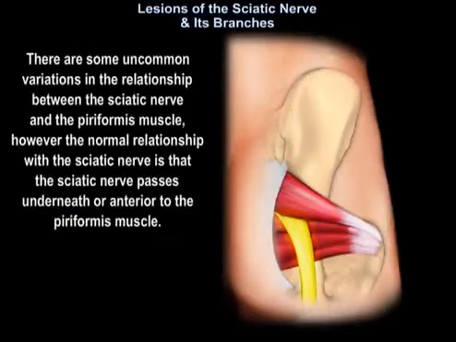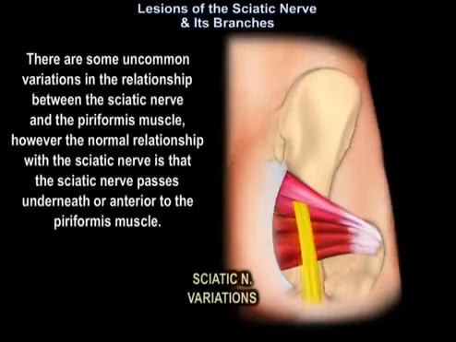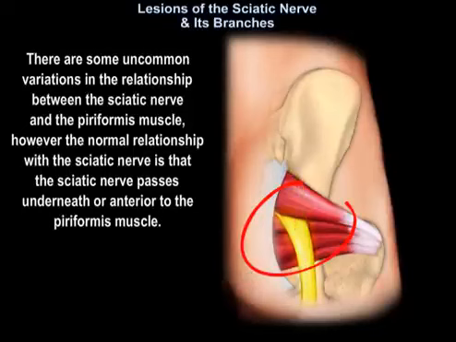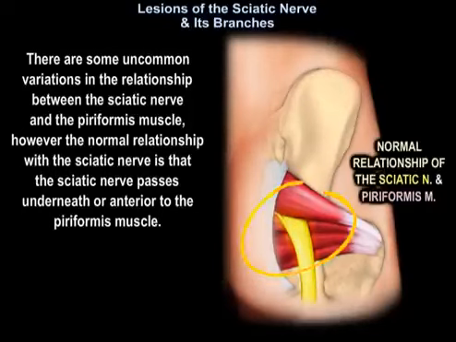There are some uncommon variations in the relationship between the sciatic nerve and the piriformis. However, the normal relationship is that the sciatic nerve passes underneath or anterior to the piriformis muscle.